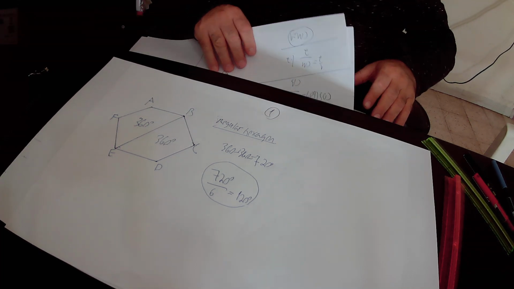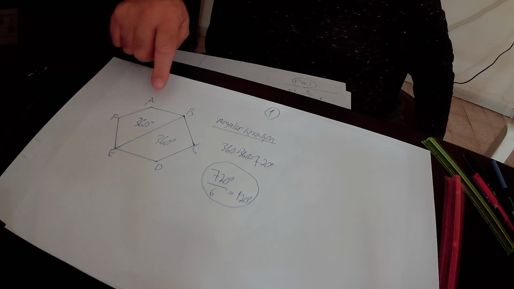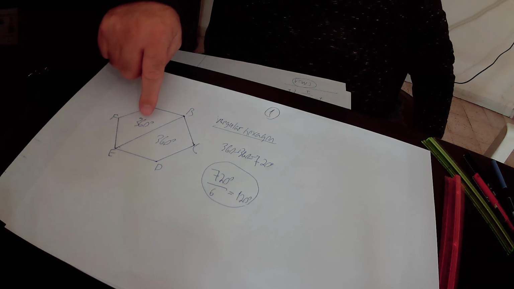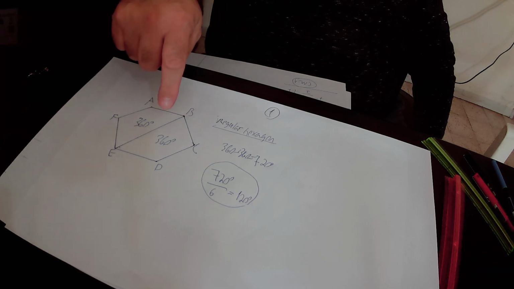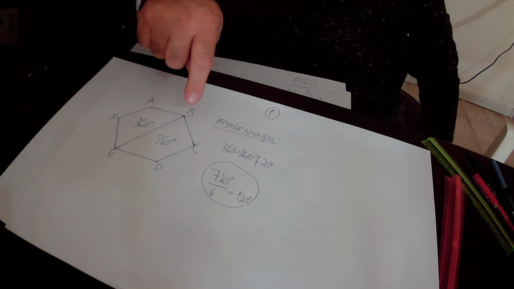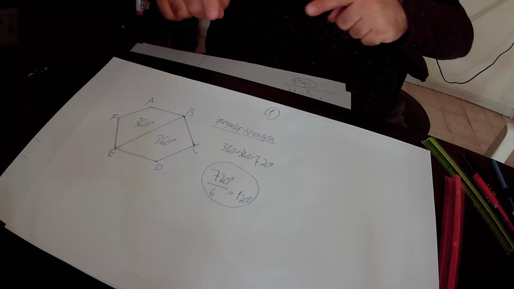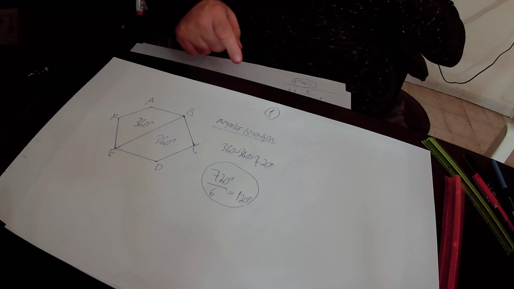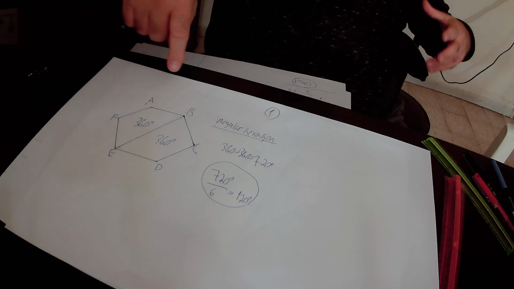We know that the sum of the angles in any quadrilateral is equal to 360 degrees. Therefore, the sum of the angles in quadrilateral ABFE equals 360 degrees, and the sum of the angles in quadrilateral BCED is also equal to 360 degrees. Therefore, the sum of the angles in both quadrilaterals must be equal to the sum of the angles in this regular hexagon. Why?